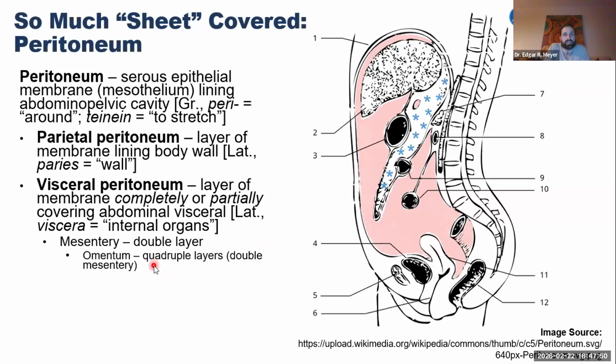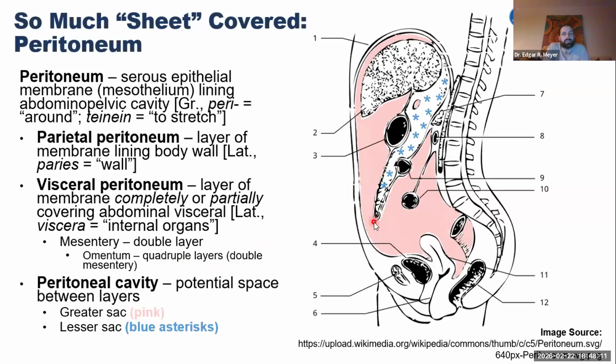So we get a quadruple set of layers or a double layer of mesenteries. And this will create our omenta. And as an example here, we have our greater omentum.